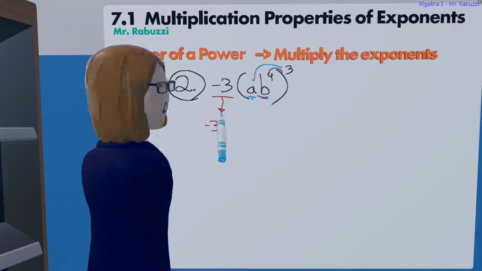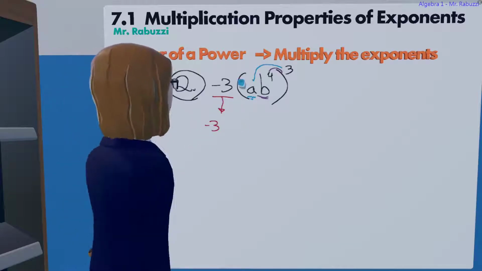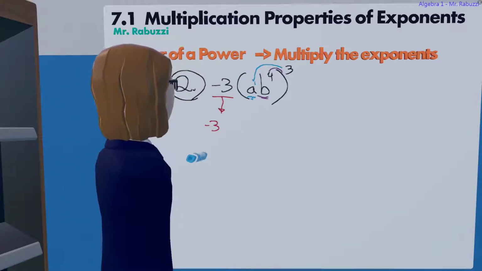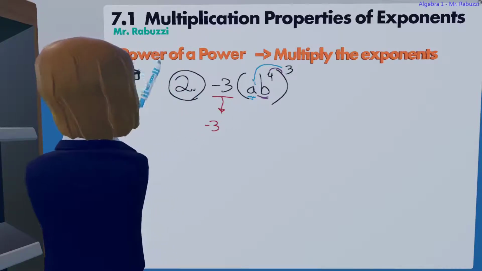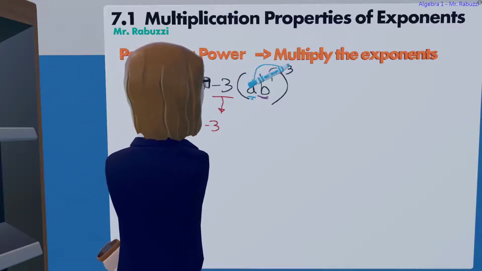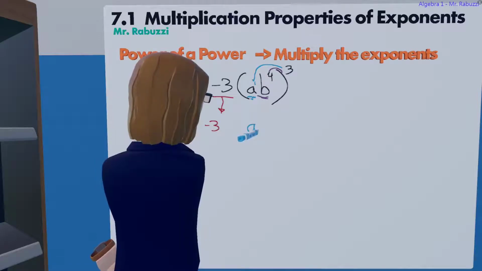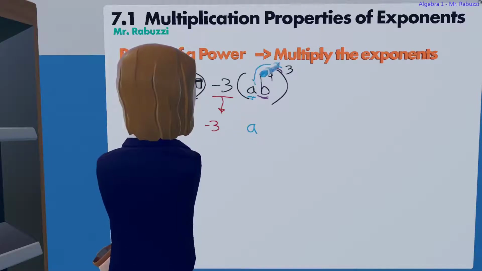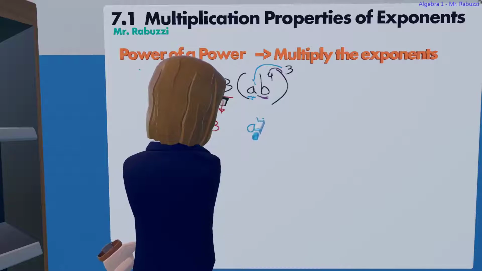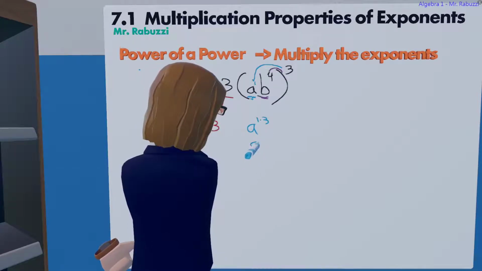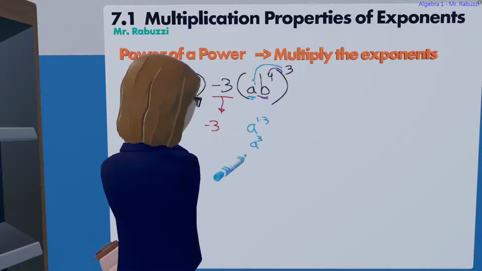A has no exponent. Gotcha. That means 1. So, power of a power, multiply. So it's A to the 1 times 3. 1 times 3, which is A cubed.